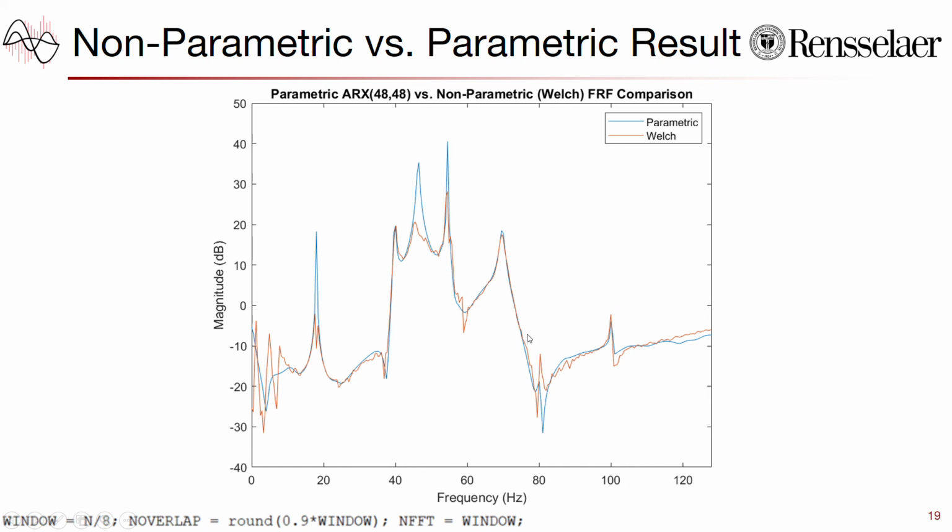The parametric model does get rid of some of the jagged edges or noise-ish contributions that the non-parametric result has. And so overall, I think this pretty much validates my model for an ARX model.